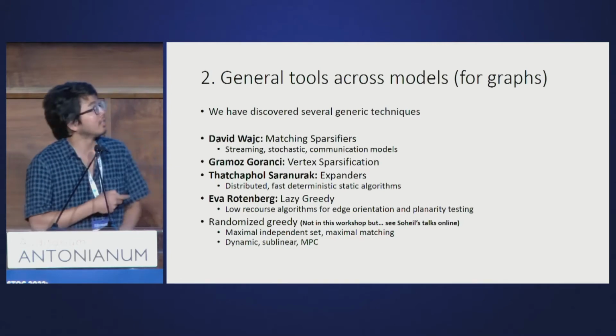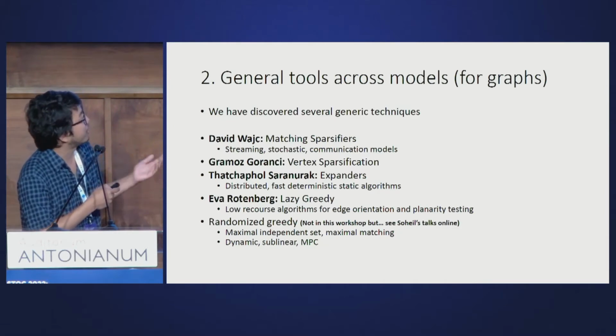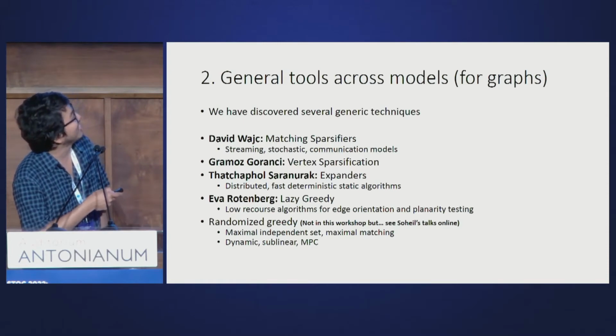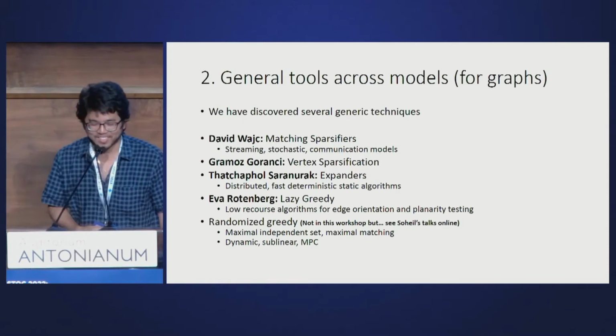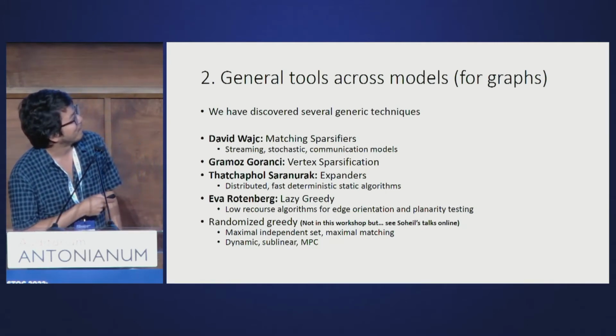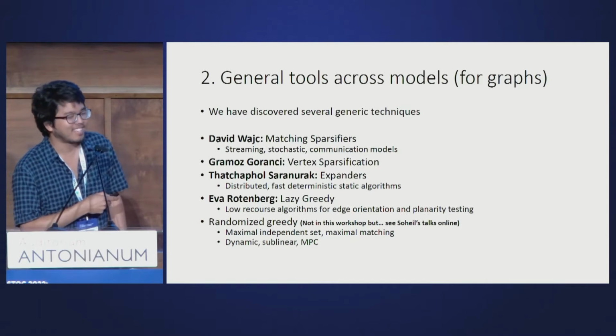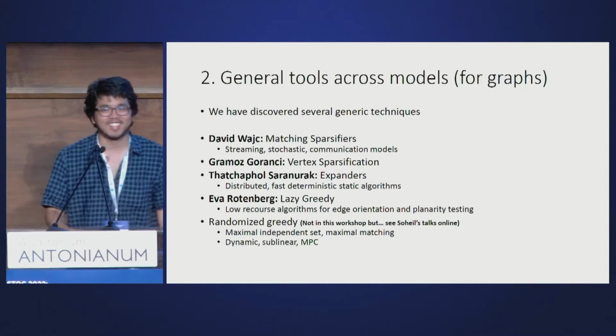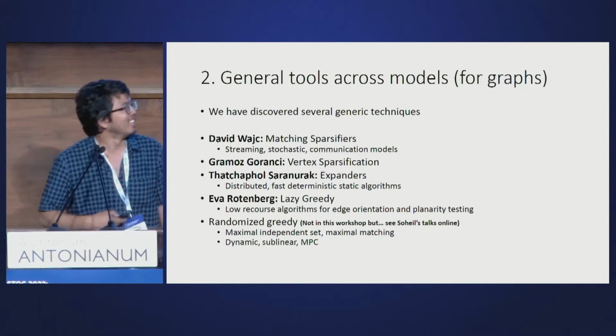So this turns out to be useful for several problems, like edge orientation and planarity testing. By the way, this work is also very cool, and there is also an article in Quanta magazine. You can have a look at that magazine too.